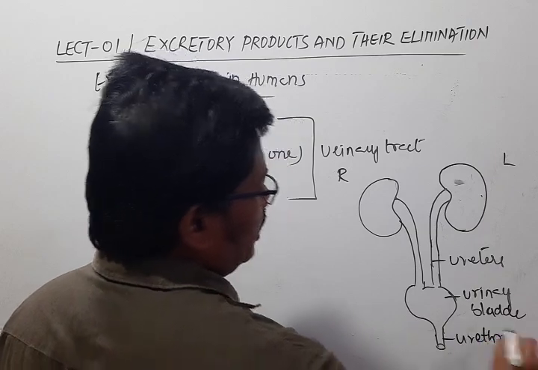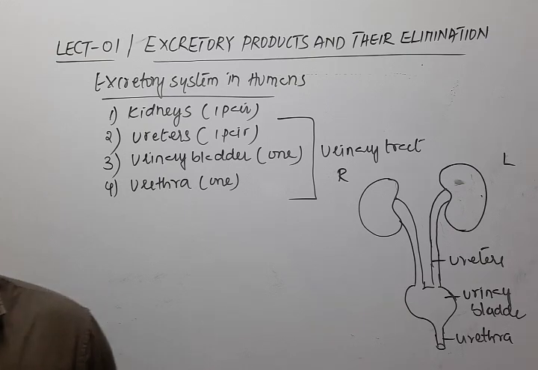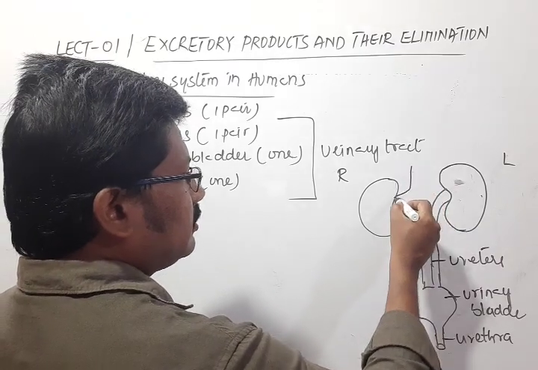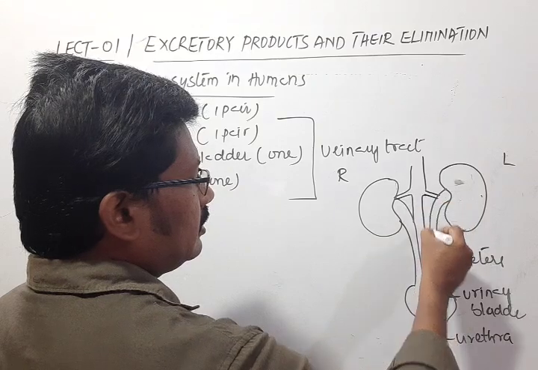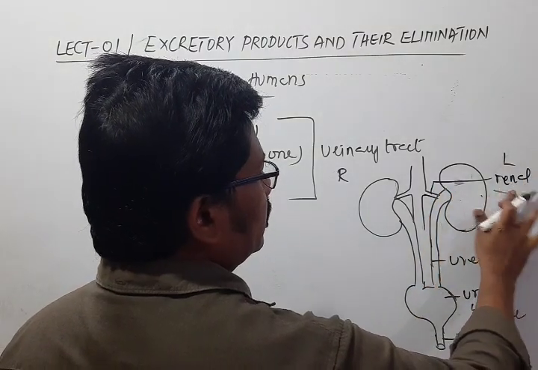urethra. The dorsal aorta will divide and give off branches called renal arteries to the kidneys. So the dorsal aorta divides and gives off branches to the kidneys, so this is a renal artery.